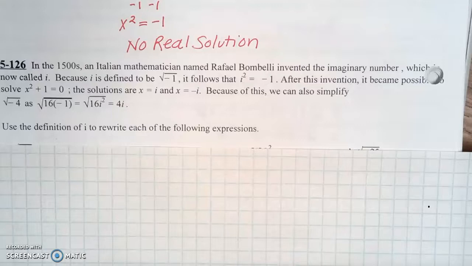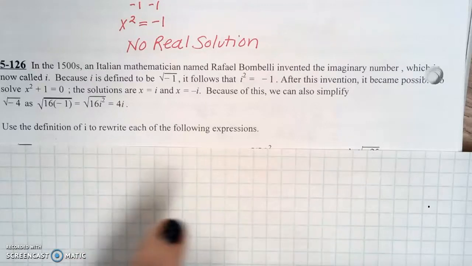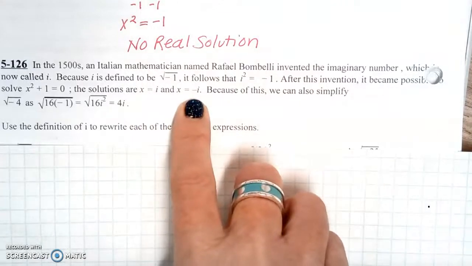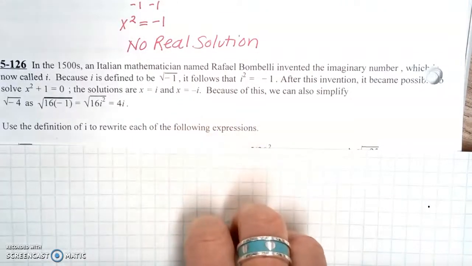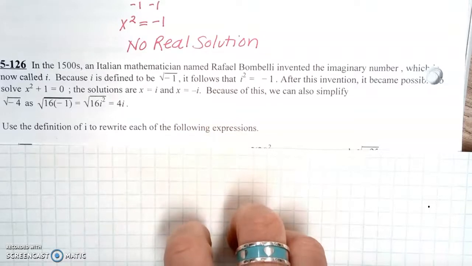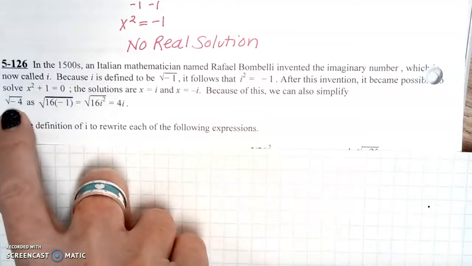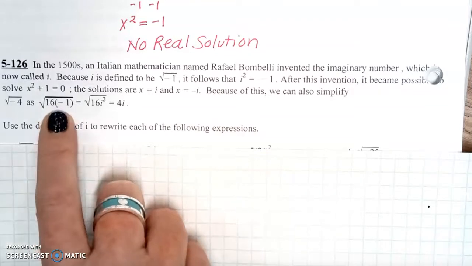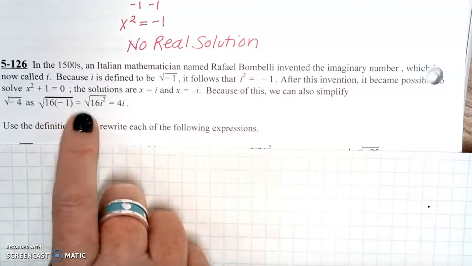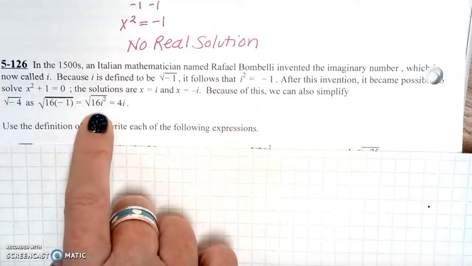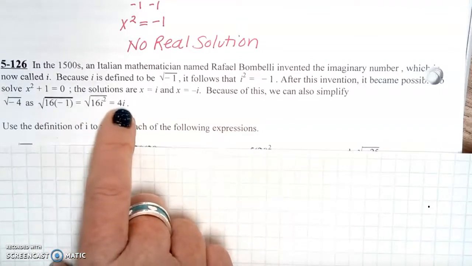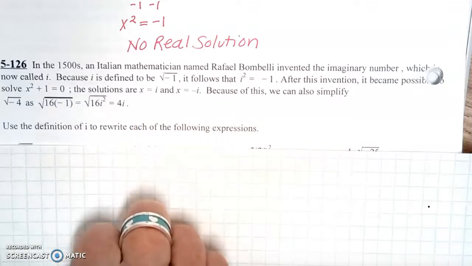The solutions are x equals i and x equals negative i. Because of this, we can also simplify the square root of negative 4 as the square root of 16 times negative 1, which is equal to the square root of 16 i squared, which is equal to 4i.